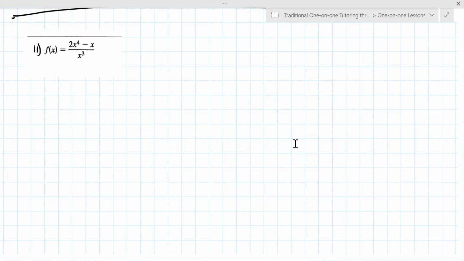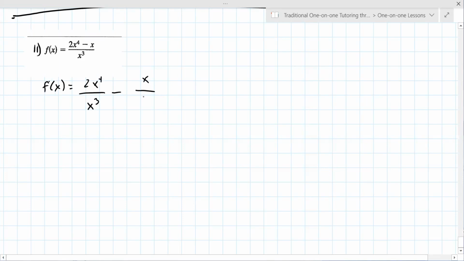So is it like a plus 2x over 4 over x cubed, plus or minus? It's minus x over x cubed. Yeah, and that's a minus 1 there. Yes. Okay, so wait, I'll do it.